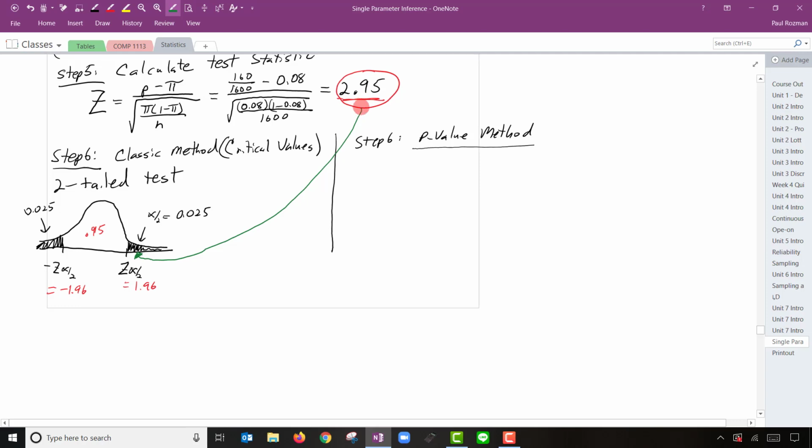If we're going to do that, then we can start to make a decision. That's what step 7 will be. It's our decision. In this case, because 2.95 is unusual, it's in the rejection region. Anything bigger than 1.96 or smaller than negative 1.96 is the rejection region.